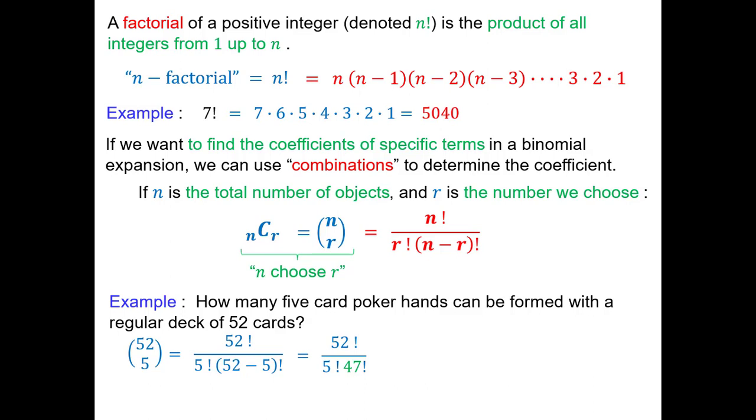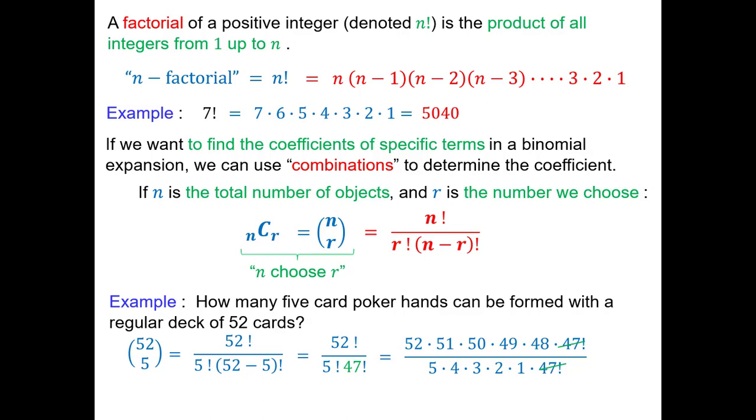Now that would take a lot of time and a lot of paper. So what we should also recognize is that the 47 factorial in the denominator is actually going to cancel, because from 47 down to 1 is in the numerator and also in the denominator. So you can cancel those directly.